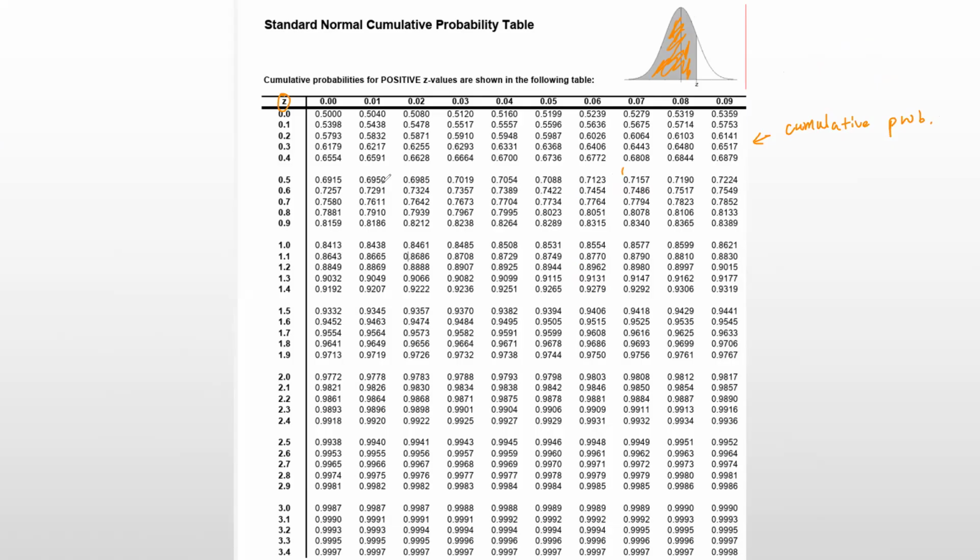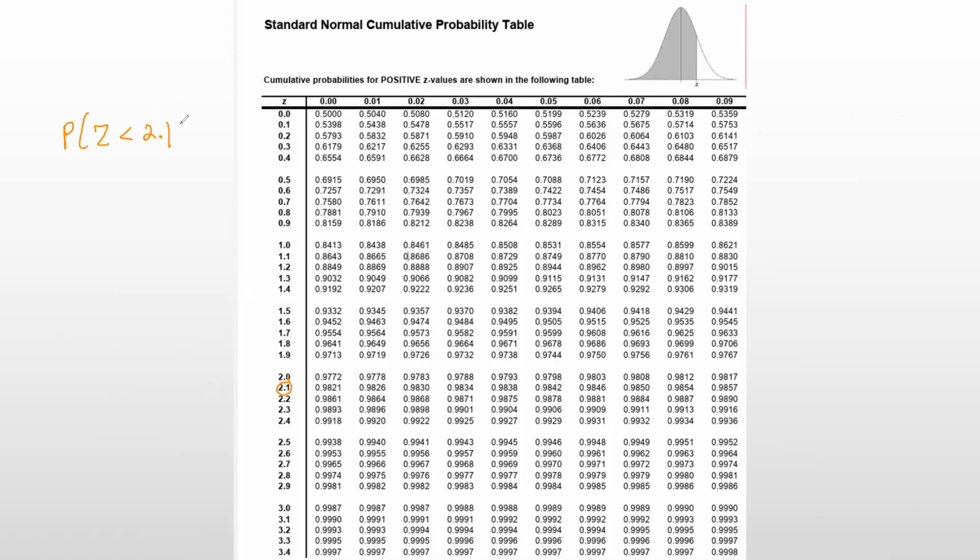In this table, z is obtained from combining the first column and the first row. Let me show you an example first. If we wanted to find the probability that Z is less than 2.1, what does that really mean? I'm sorry, I'm going to change it to 2.14, maybe that's more interesting.